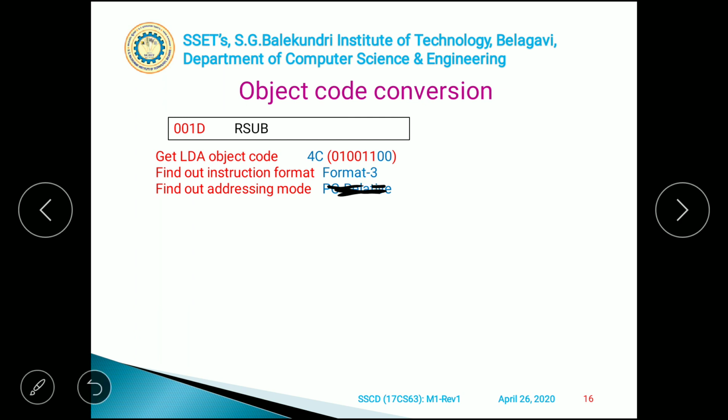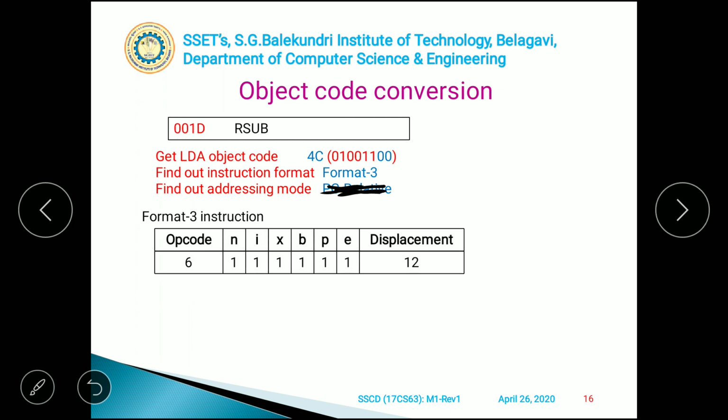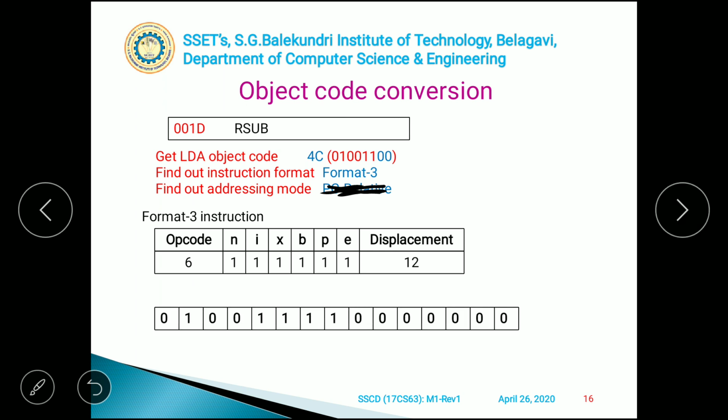This is totally wrong. Now just consider it as a format 3 instruction, and in this place the displacement you need to put as 0, because RSUB is just a statement which returns to the called function. So you are not going to write anything, and you put all the last 12 bits as 0.